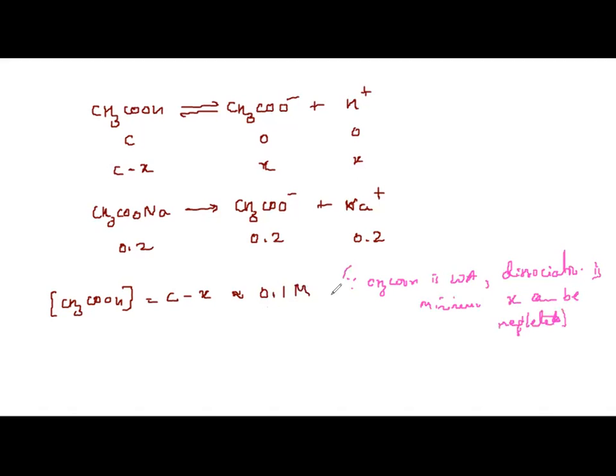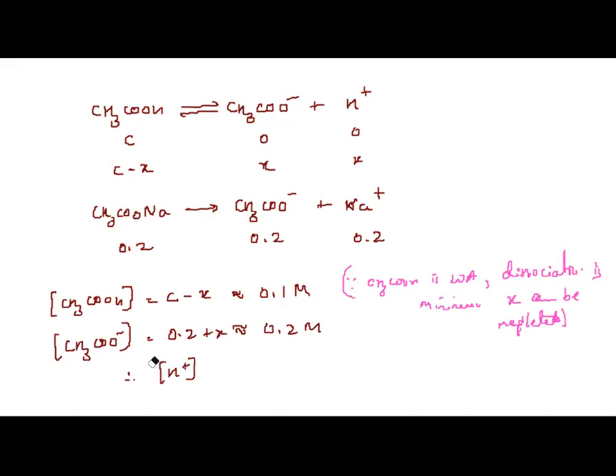So C minus X hardly makes any difference; C is 0.1, and 0.1 minus something very less will remain 0.1. Similarly, CH3COO minus is 0.2 plus X, and we know that X is very less, so it comes to nearly 0.2 molar.